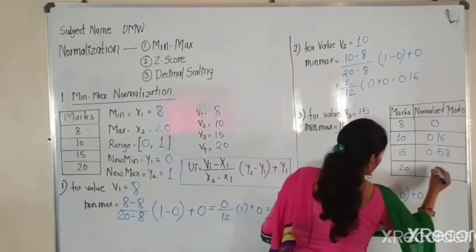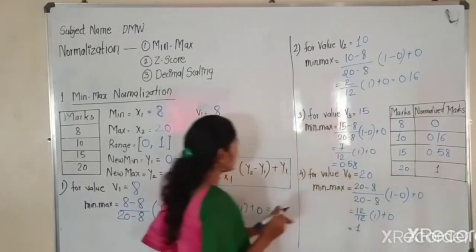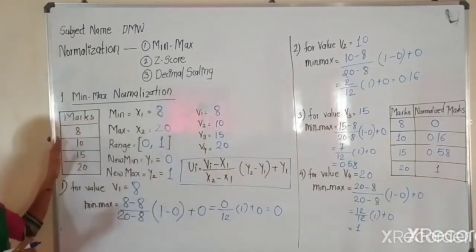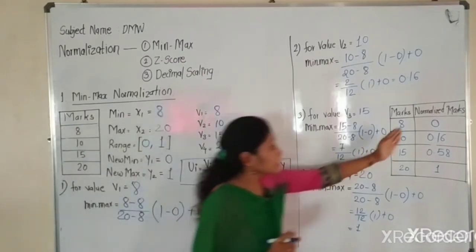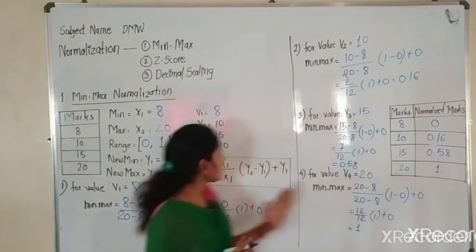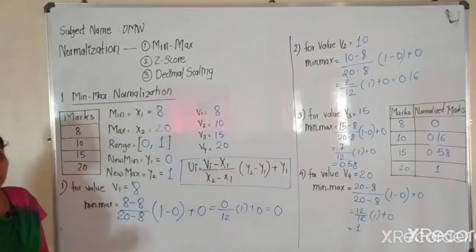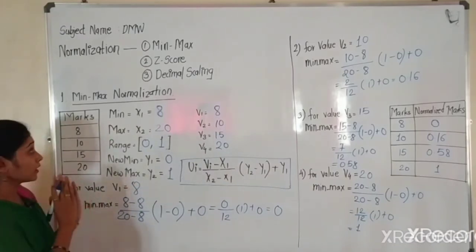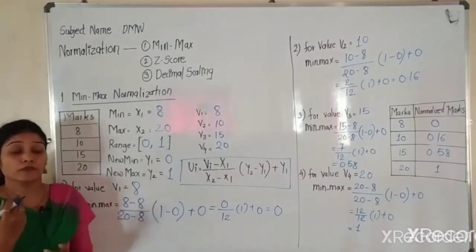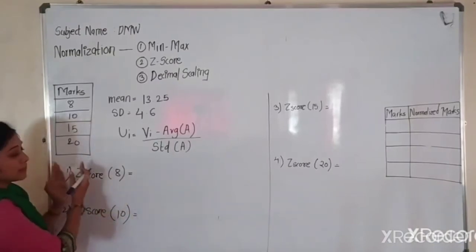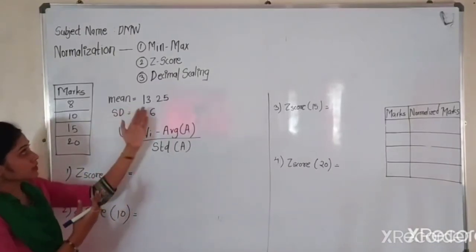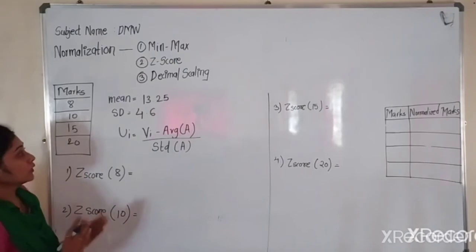So 20 can be represented as 1. In this way we can represent this 8 to 20 in the form of 0 to 1. So this is called min max normalization, where we can convert numbers into some form of the min max. The same example we are going to consider for Z-score normalization.